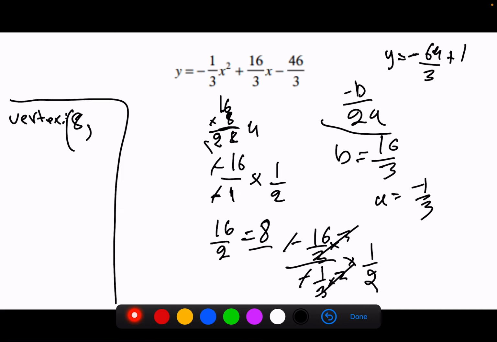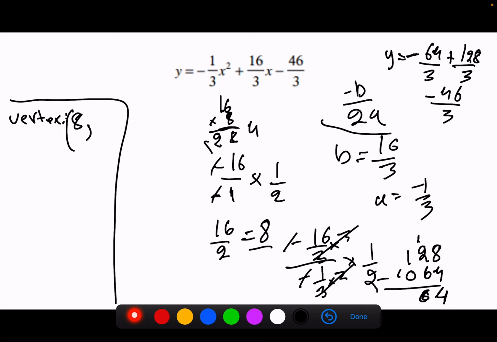So we have negative 64 over 3 plus 128 over 3 minus 46 over 3. So now I can simply do the arithmetic. 128 minus 64, we get simply 64.